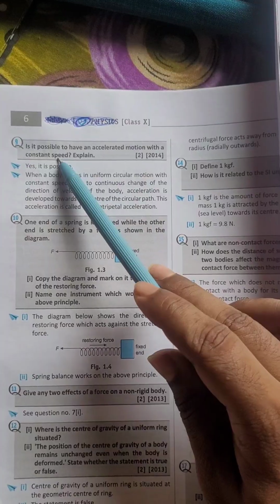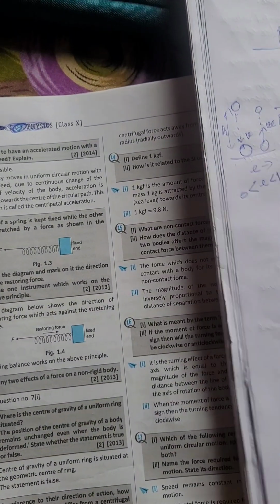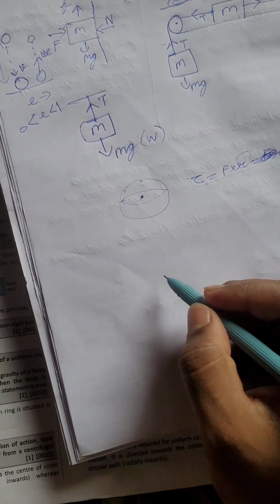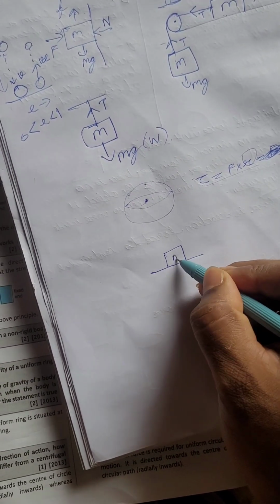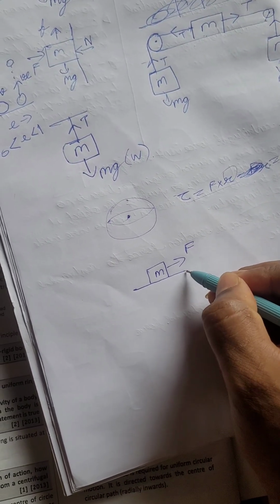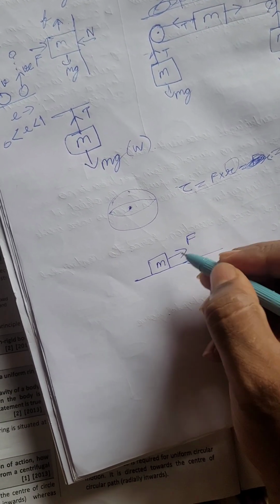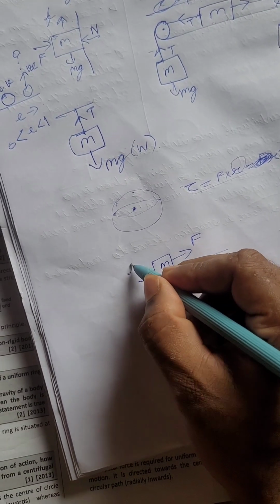Is it possible to have an accelerated motion with a constant speed? Yes, it's possible. Let's suppose there is a moving body. A force F is applied to it, and there is a friction force.